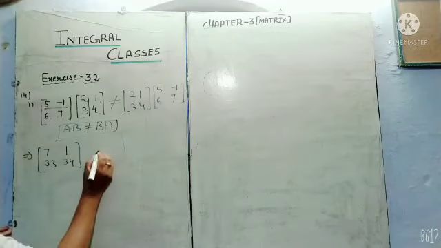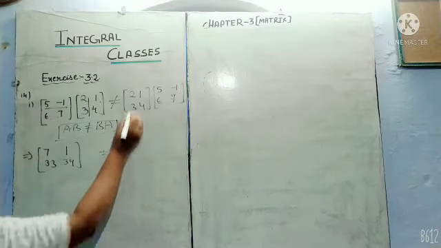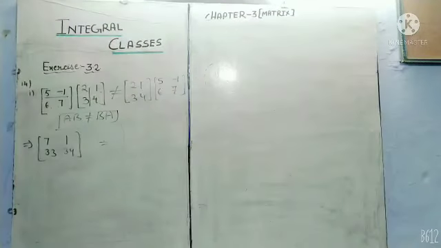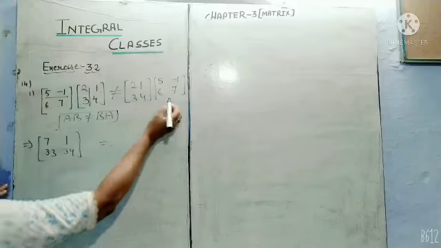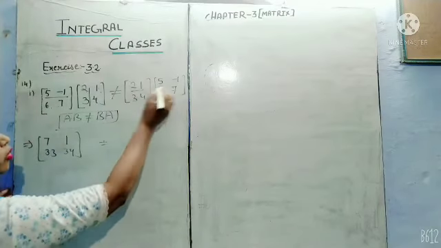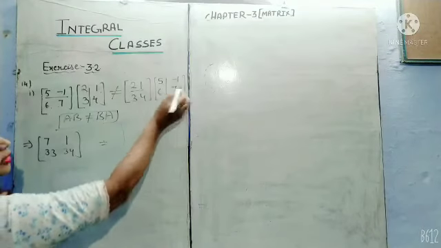Now the other side student, from the right hand side. Now on the other side, we will multiply these two matrices again, first row and first column, then second column.